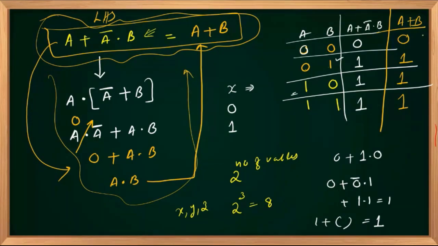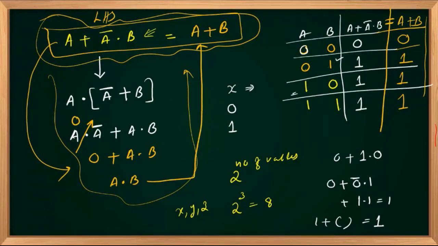Both columns are the same. That implies A plus A bar B equal to A or B, correct? That is important. We'll have a few questions based on what we have learned so far.